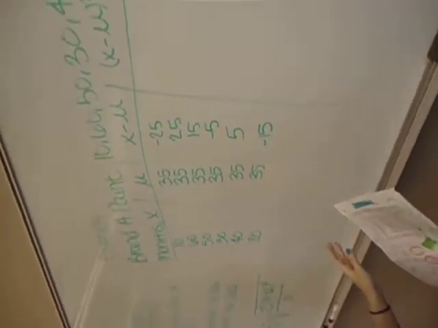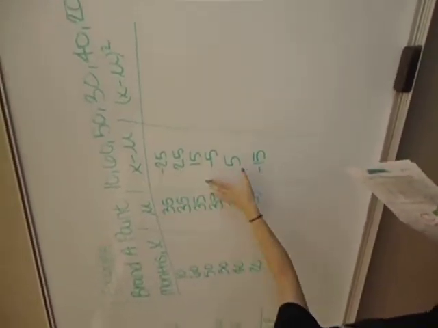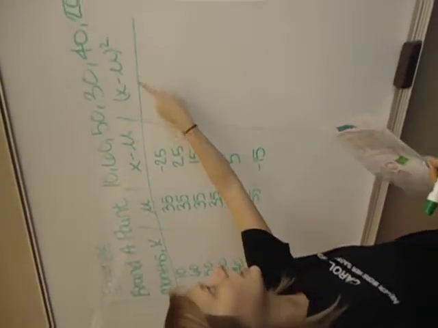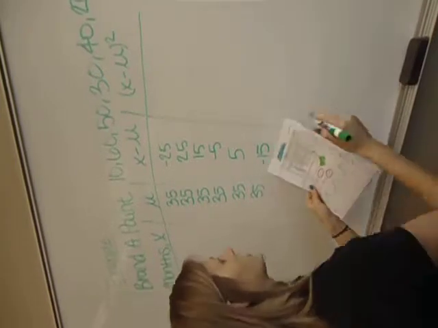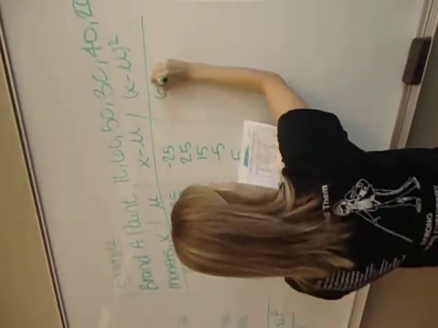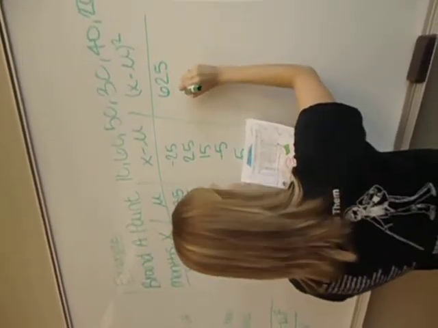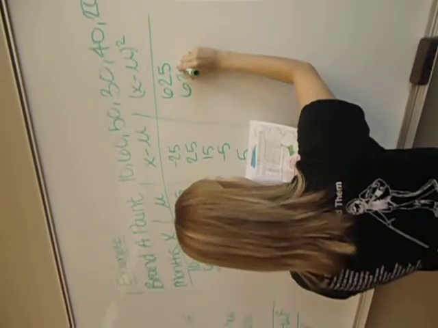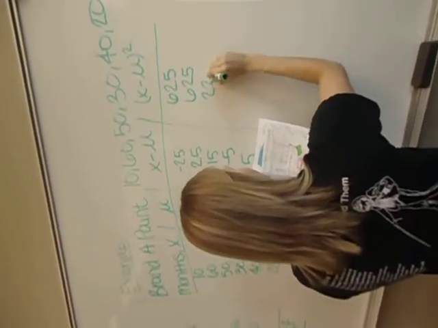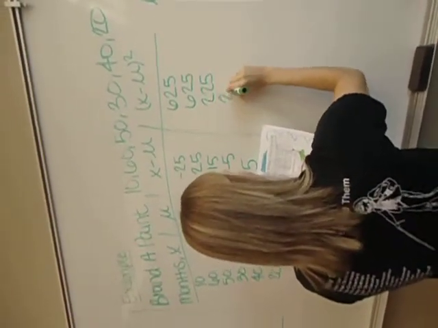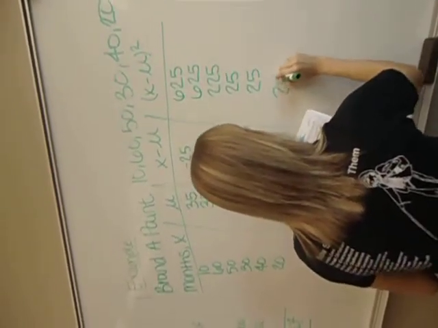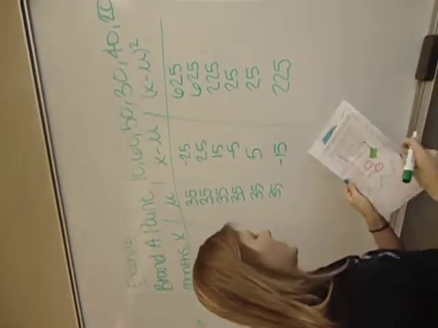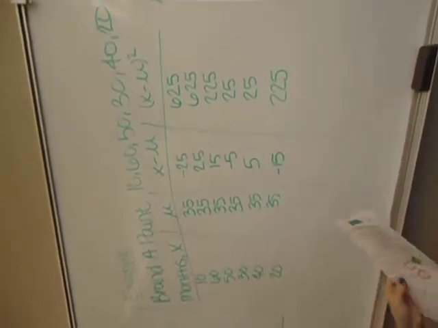So now what we are going to do is take these numbers that we have gotten and square them. So this would be 625, 625, 225, 25, 25, and 225 again. So now we're going to find the population variance.